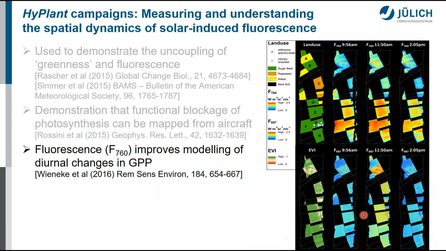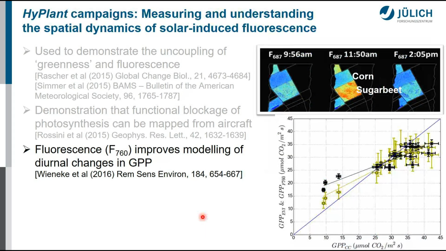And based on this, our data are currently used in a variety of different collaborative projects. First projects came from people who were interested in getting new methods to monitor carbon dynamics in fields. GPP, gross primary productivity, is the measurement of the carbon uptake by green vegetation.